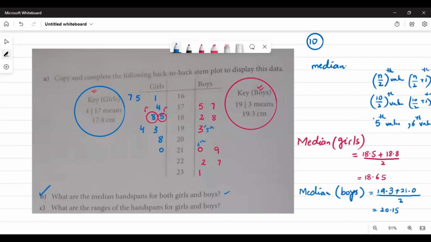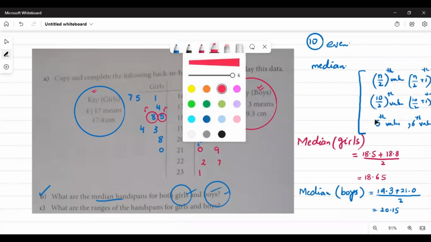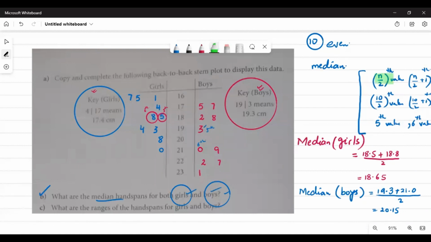In this question, you have to find the median for the girls separately and for the boys separately. The most important point is how you find which value will be the median. Because the data was even, we write this formula, and remember, the formula is n over 2 and n over 2 plus 1.